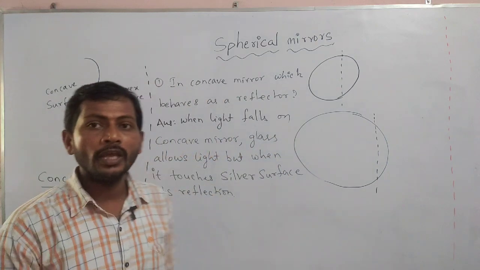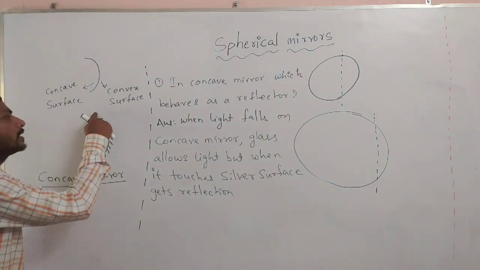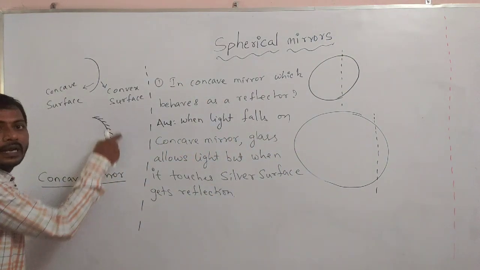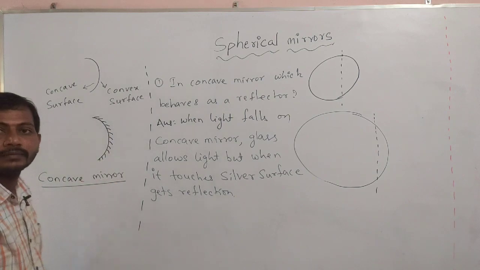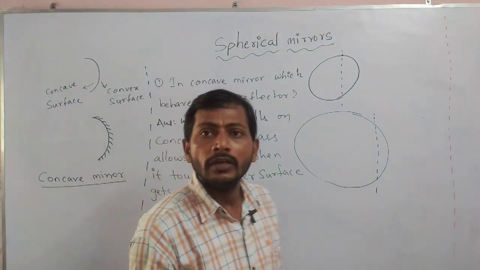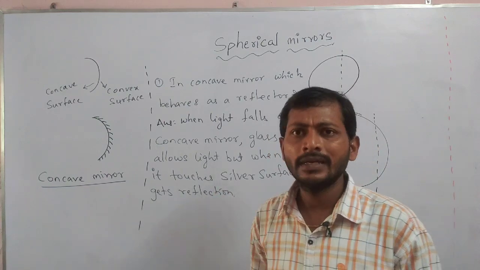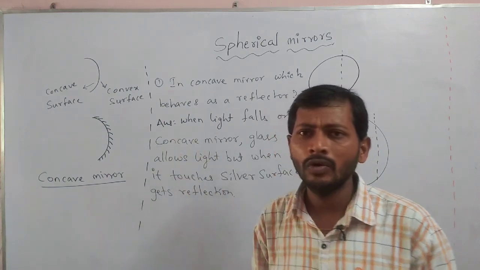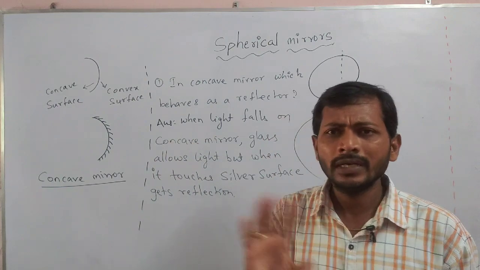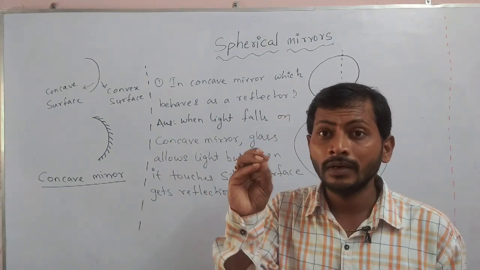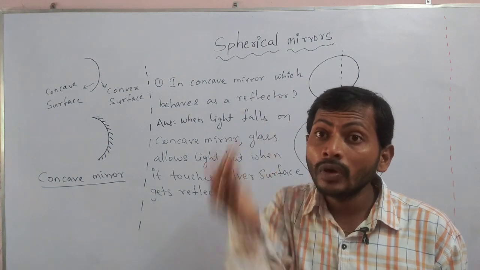Clear. Second thing is, what is the use of this red coloring or black coloring on the backside? Generally we give red or black color, red oxide, otherwise black color we use. They won't ask what coating color.